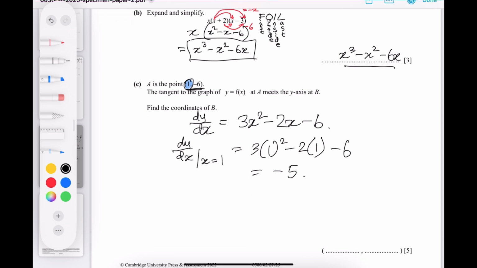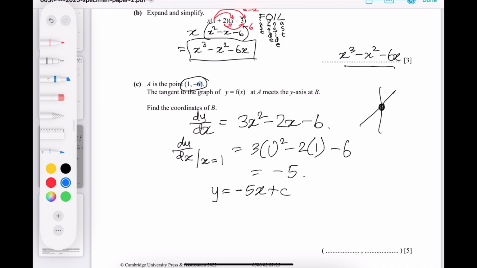Hence we have y is equal to negative 5x plus c. Now we're trying to find the equation of the tangent line so that we can calculate where it meets the y-axis. So now what we do is we substitute in these coordinates, the regular way of finding out c.